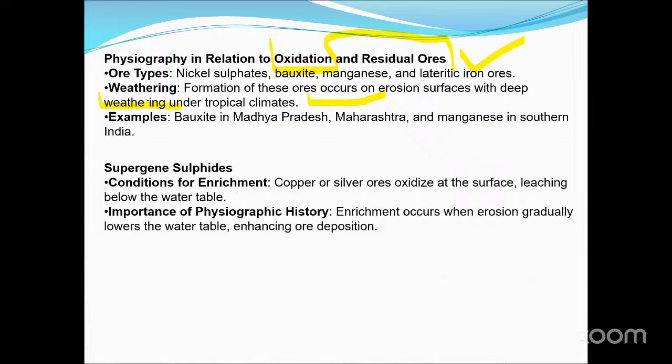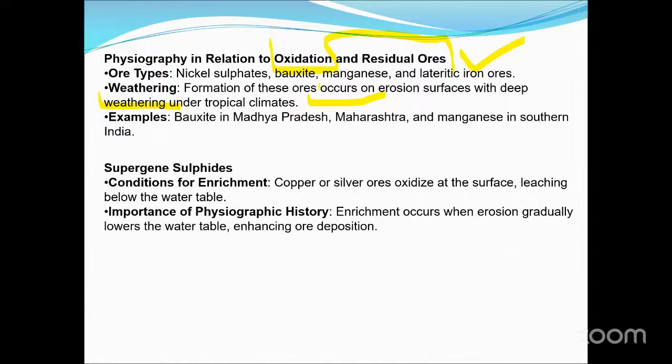For example, nickel silicates, bauxite, manganese, and laterite. These are the oxidation and residual types of ore deposits, due to deep weathering and tropical climates.